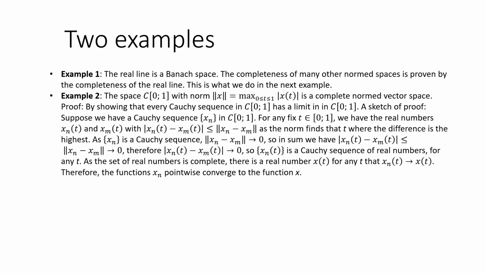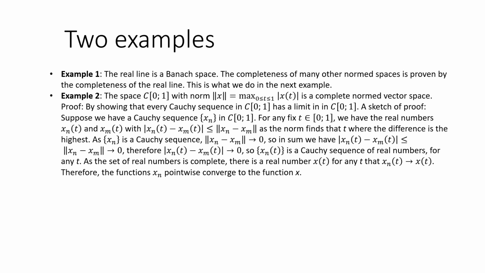So in sum, on this basis, it's easy to realize that we have a Cauchy sequence of real numbers for any t. And as the set of real numbers is complete, we have a real number x(t) for any t to which the sequence of functions converges.